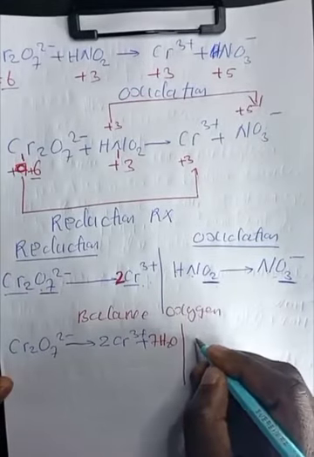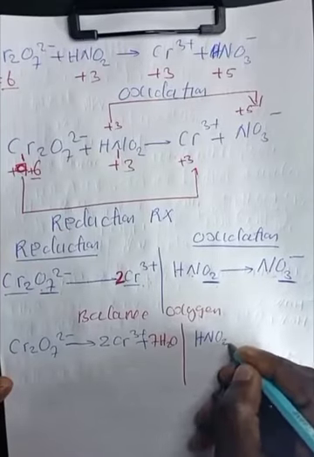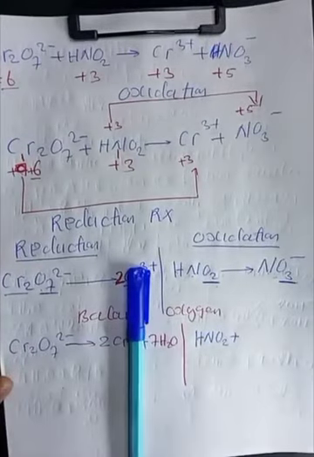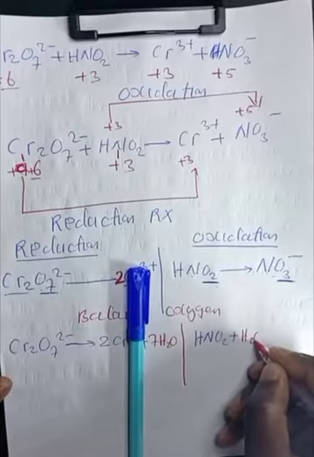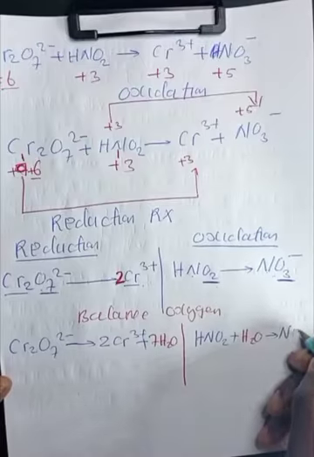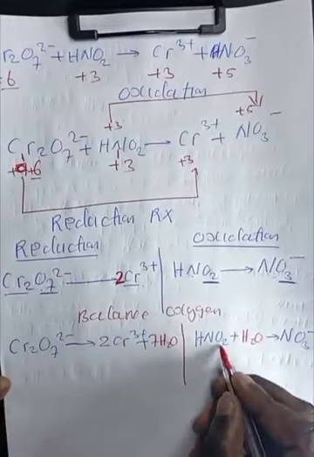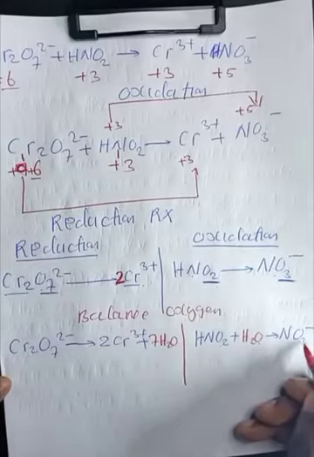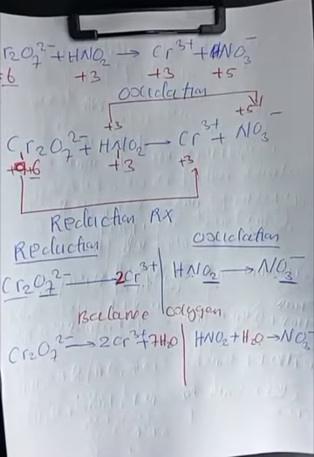So we say HNO2 plus 1 water molecule, H2O, giving us NO3 minus. We can see that we have 2 plus 1, 3 oxygen. Oxygen is now balanced.